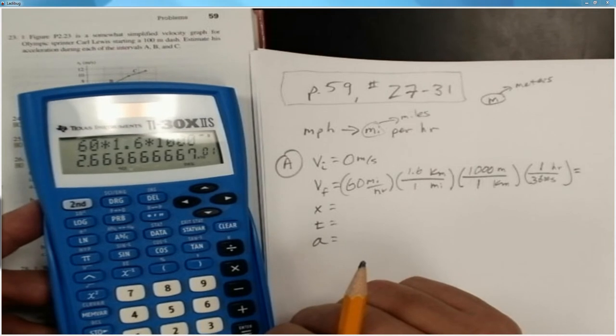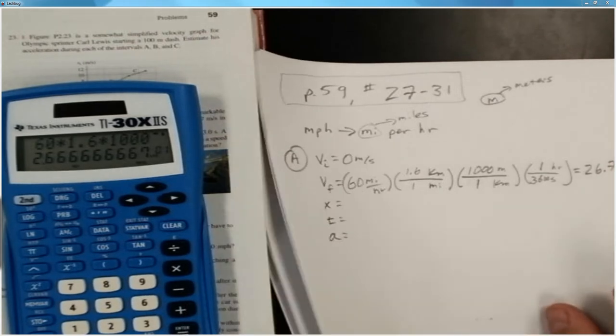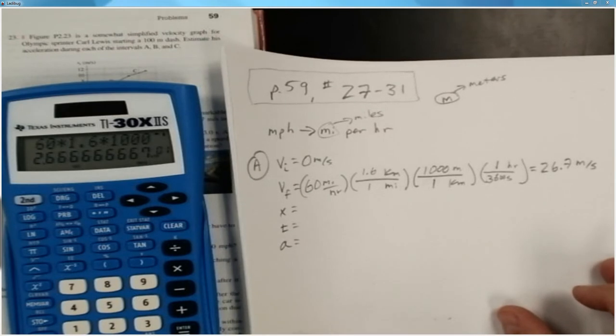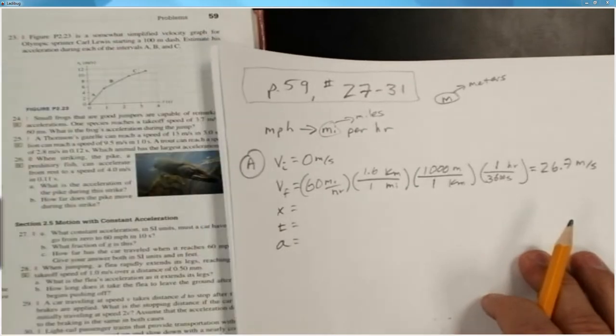And that's 26.7 meters per second. So my initial velocity is 0, my final velocity is 26.7 meters per second.